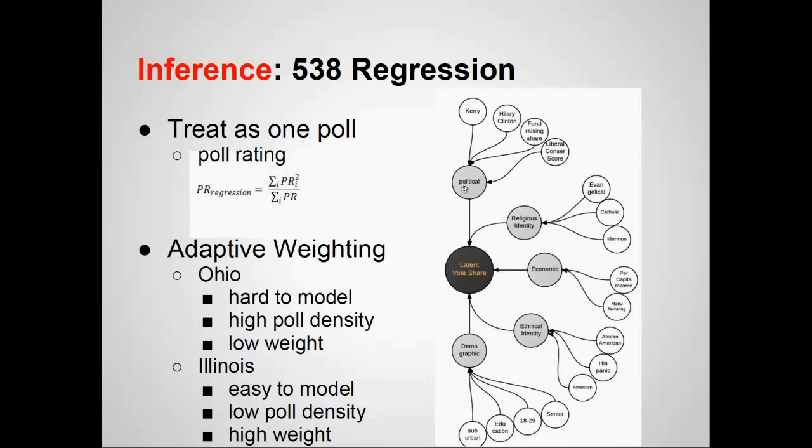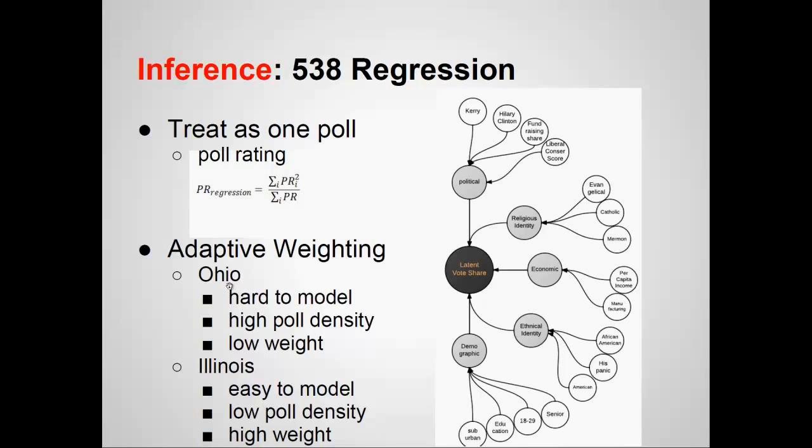So he has a bunch of variables for political, religious identity, economic, ethnic identity, and demographic characteristics, which is what you would suspect would affect a presidential election. So we will treat that as an individual poll, and the poll rating will be a weighted average of the poll ratings that goes into the regression.